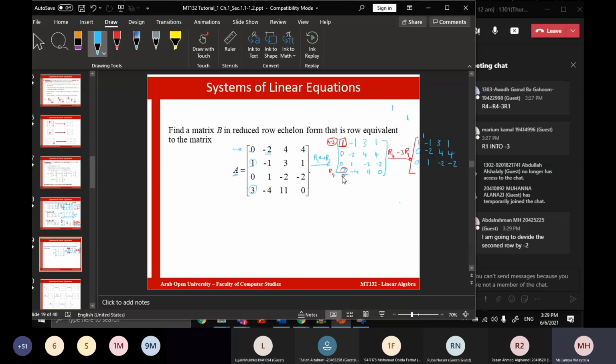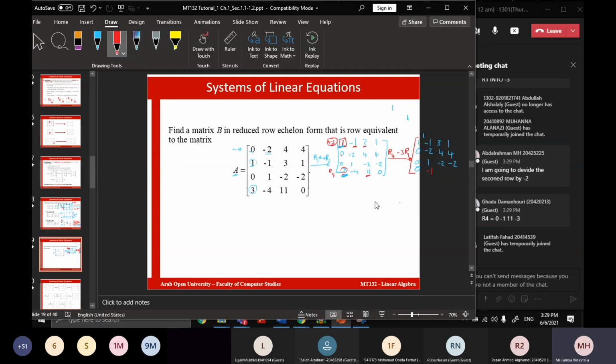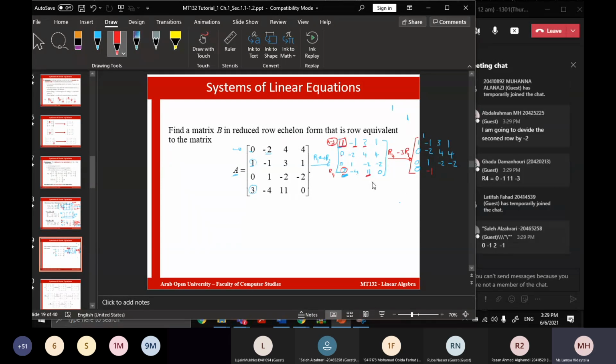So I will have 3 minus 3 which is 0. Then this number here, this one times minus 3 is going to be equal to 3. So minus 4 plus 3 is minus 1. Are you with me? And here 11, this 3 times minus 3 is minus 9. 11 minus 9 is 2.